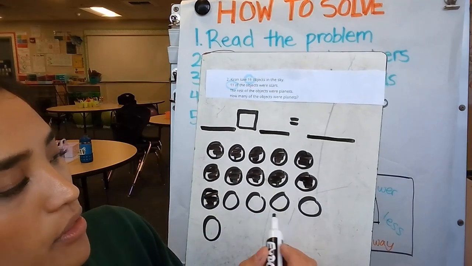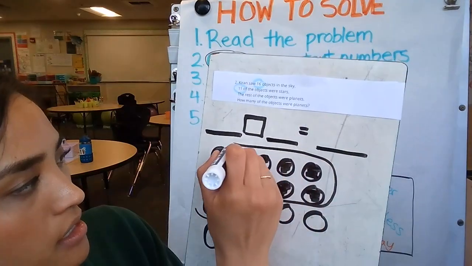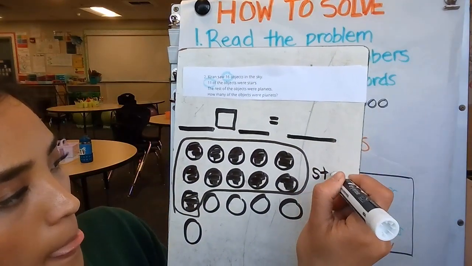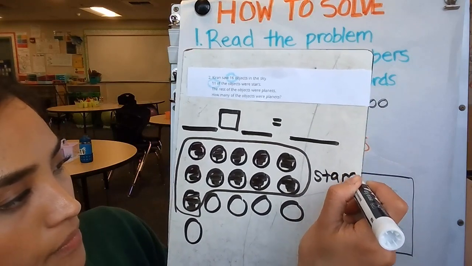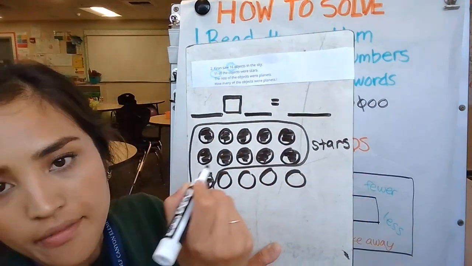And I'm going to label those as stars. It's helpful to draw and then label, draw and then label.